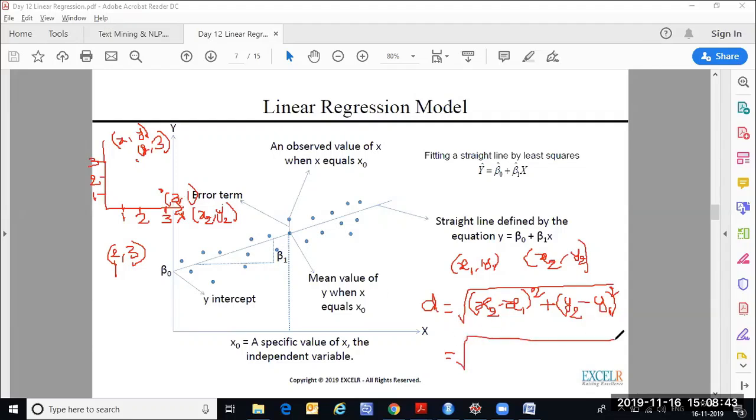Square root of, what is x2, friends? 3. 3 minus x1, 2, 2 whole square, plus y2 minus y1 whole square, 1 minus 3, 3 whole square.